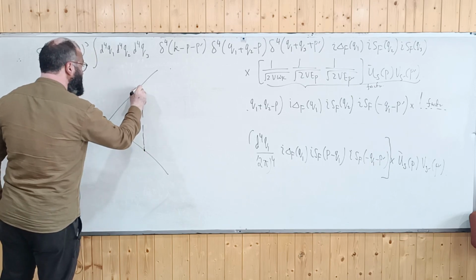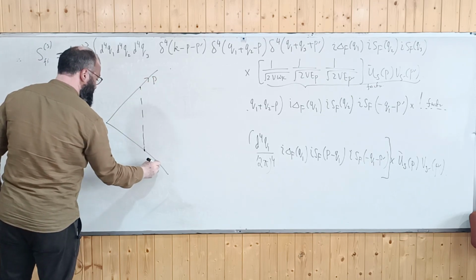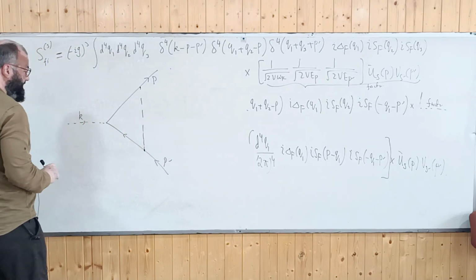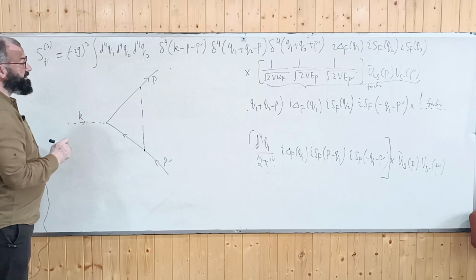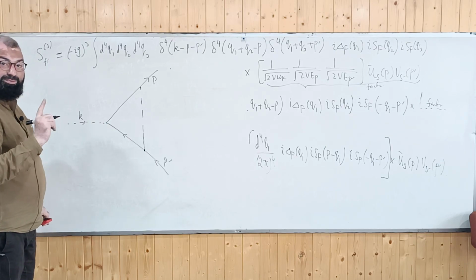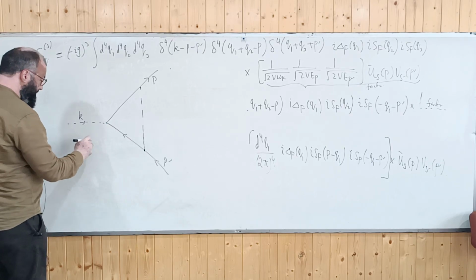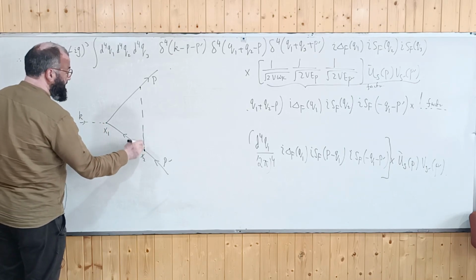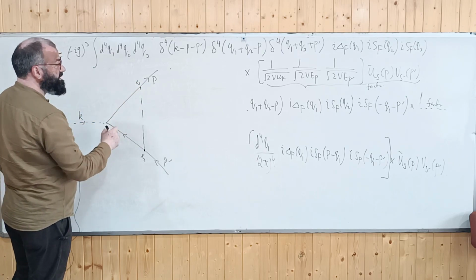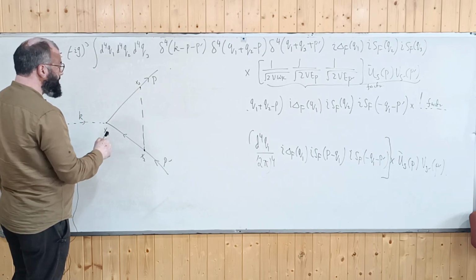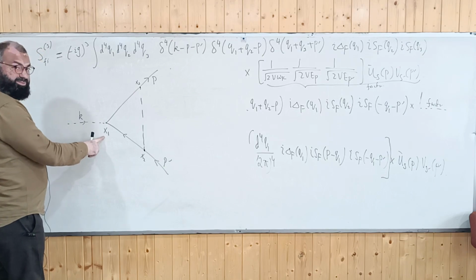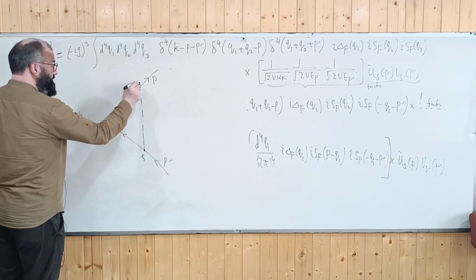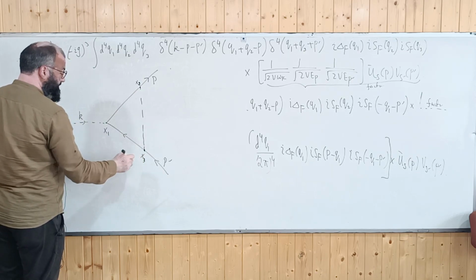So this is p prime, and this is p. Let's put the direction here. What was the delta function at x1 when we integrate over x1? Let's call this x1, then this x2, and this x3.